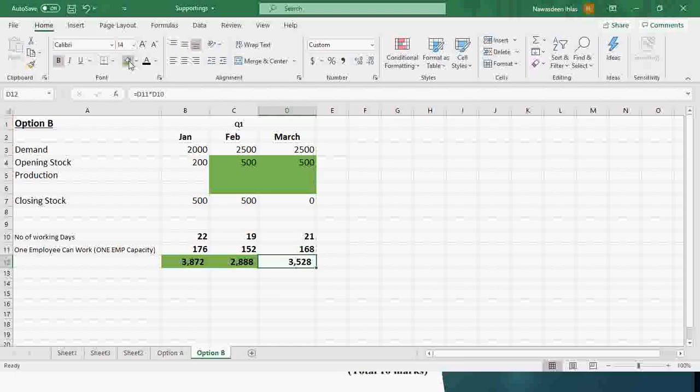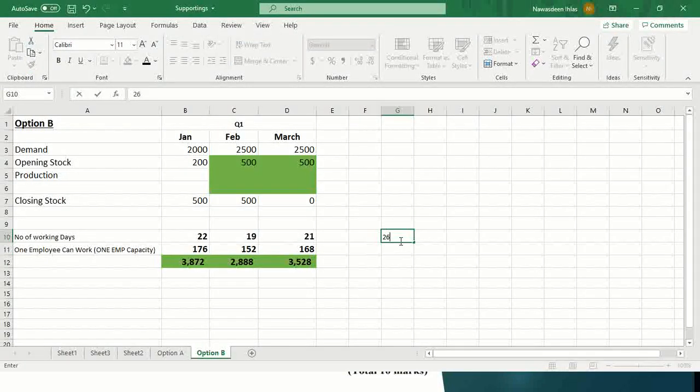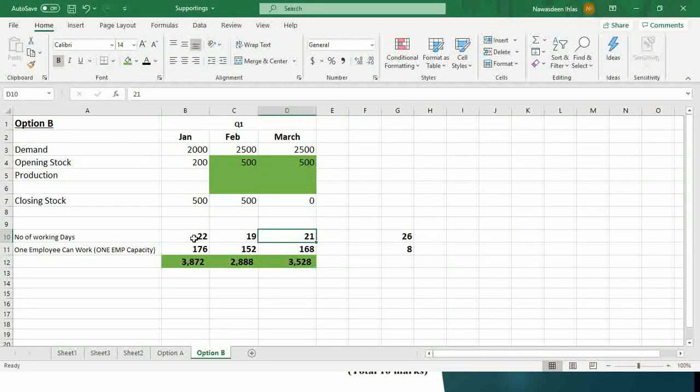Clear? The number of employees is 26 and has not changed. Per day they work 8 hours, also unchanged, but the number of days in each month changes. As a result, the maximum labor hour capacity for January will be 3,872. So this is the labor hour capacity.